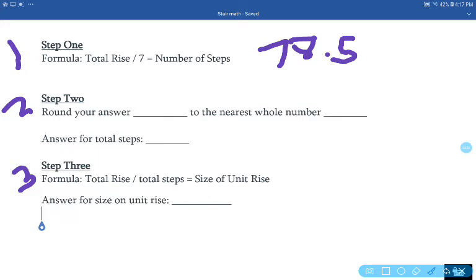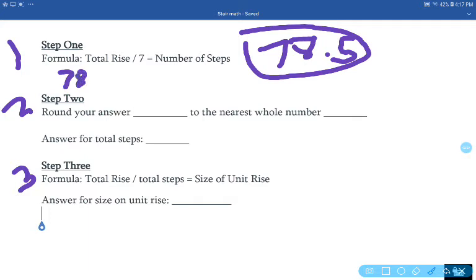The first thing we're going to do is take that total rise, which is right here, and plug it in here. 78.5 divided by 7 is going to give me the number of steps. I'm going to have to round that, but it's going to give me the number of steps. In this case, it's going to be 11.21429.